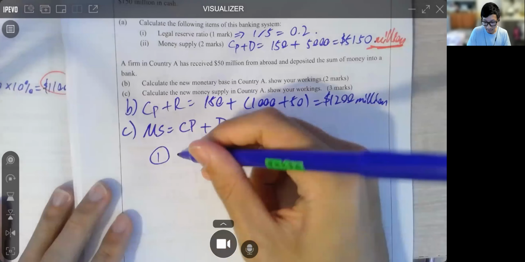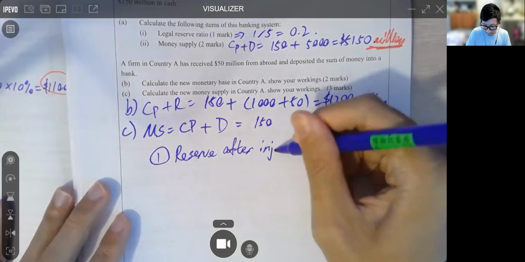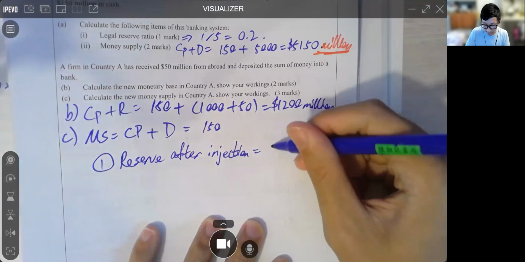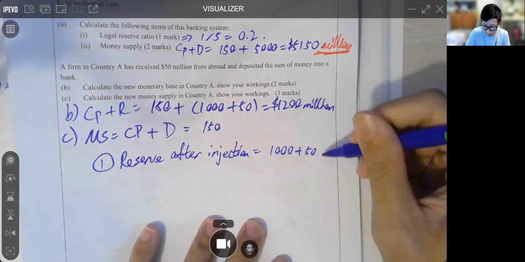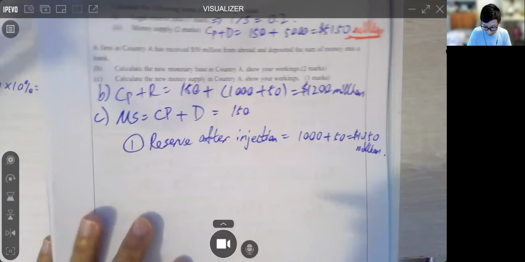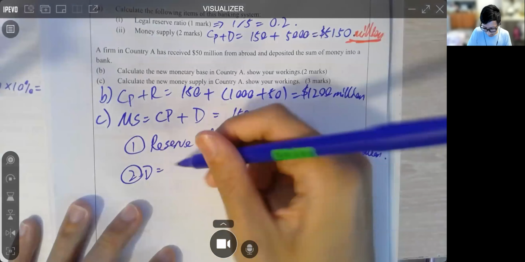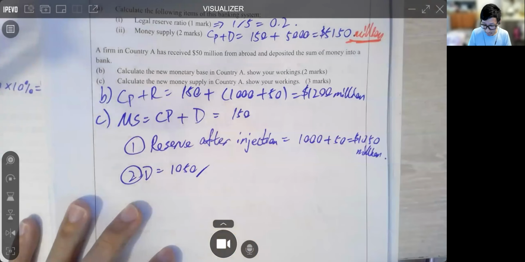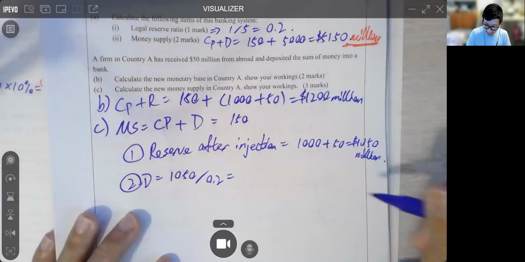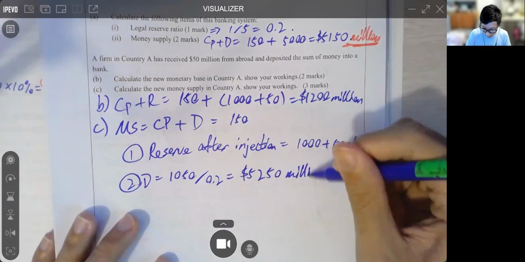Again, step number 1, reserve after injection. When I inject funds, how much do I have? Plus 50. Oh, we calculated above 1050 million. Then deposit after credit creation, write the rest yourself, I won't waste time. 1050 divided by LRR 0.2 should give us 5250 million.